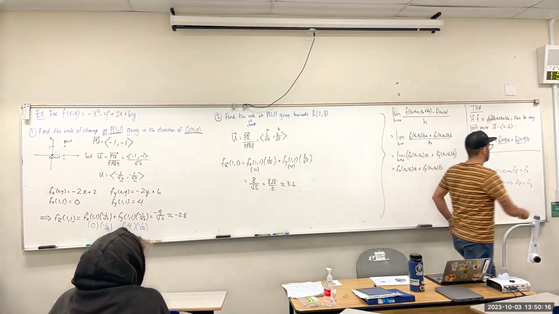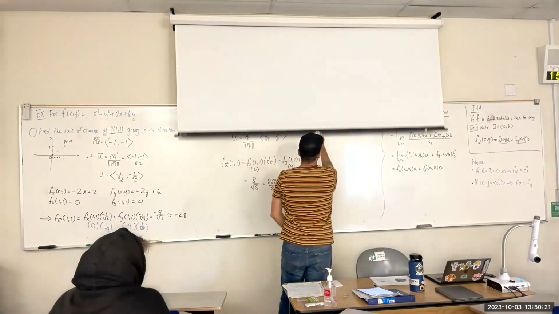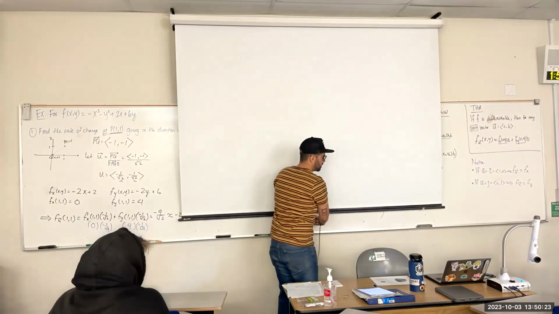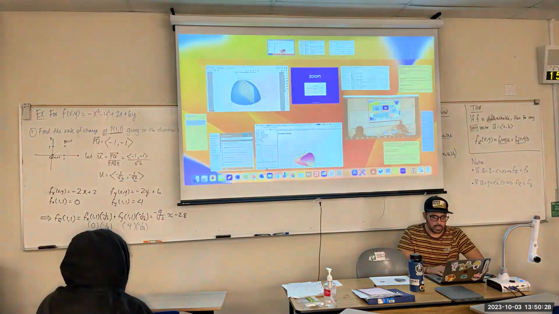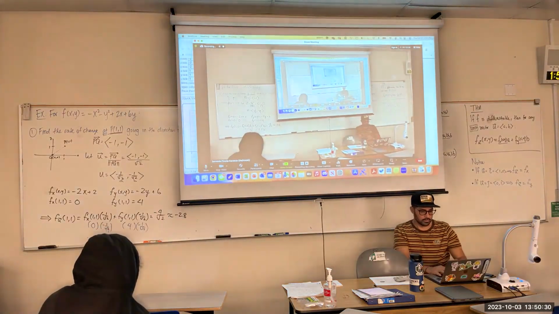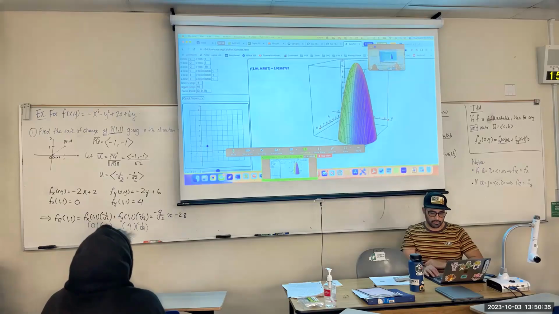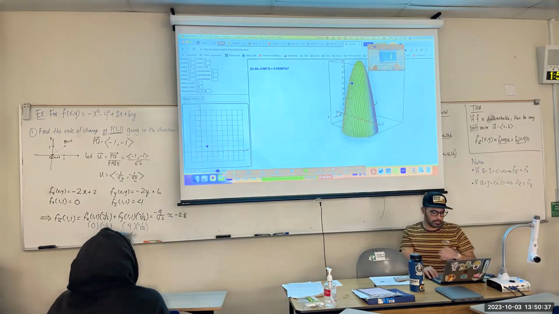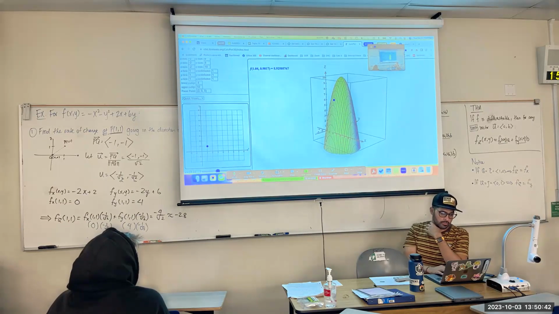Okay. So, again, let's see what we just did. This is the surface of this function. Here's the point P at the point 1, 1, right here. As you went towards Q, which was the origin, notice that it's indeed going down.